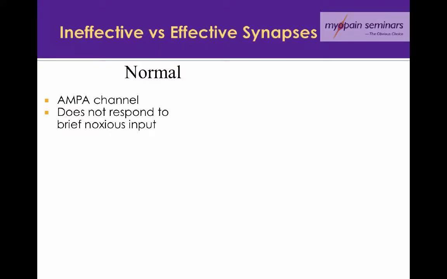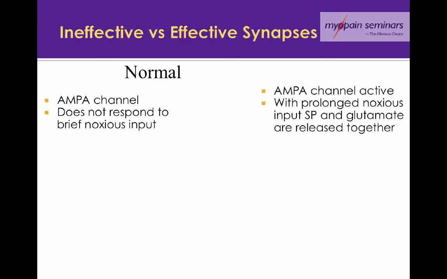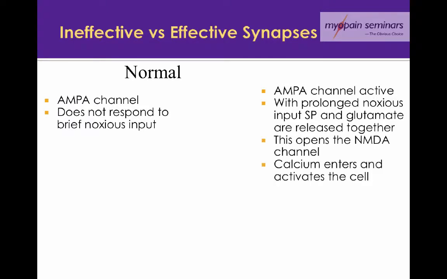Sensitization affects the receptors. For example, the AMPA channel is normally not responsive to brief noxious input. However, continued noxious input causes the AMPA channel to open. With prolonged noxious input, substance P and glutamate are released together, which triggers the activation of the NMDA channel, which next allows calcium to enter the cell.